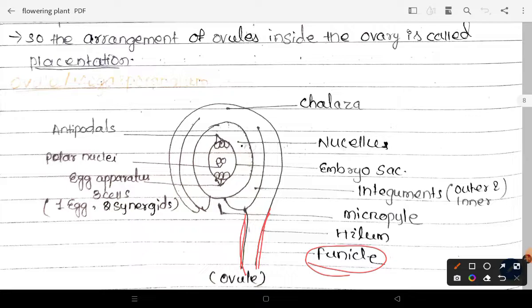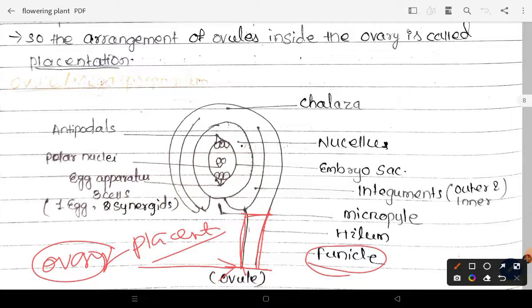The ovular stalk is known as funicle. Funicle has two ends: a basal end and an apical end. The basal end is connected with the ovary, at the region called placenta.